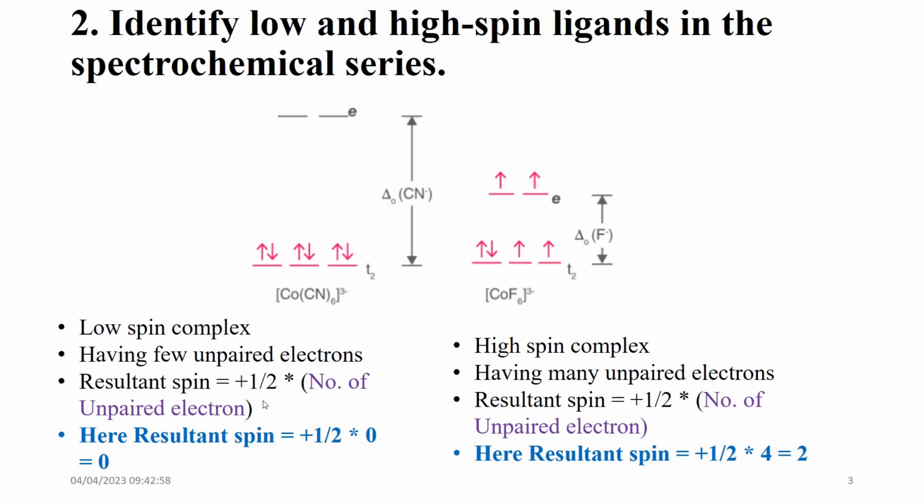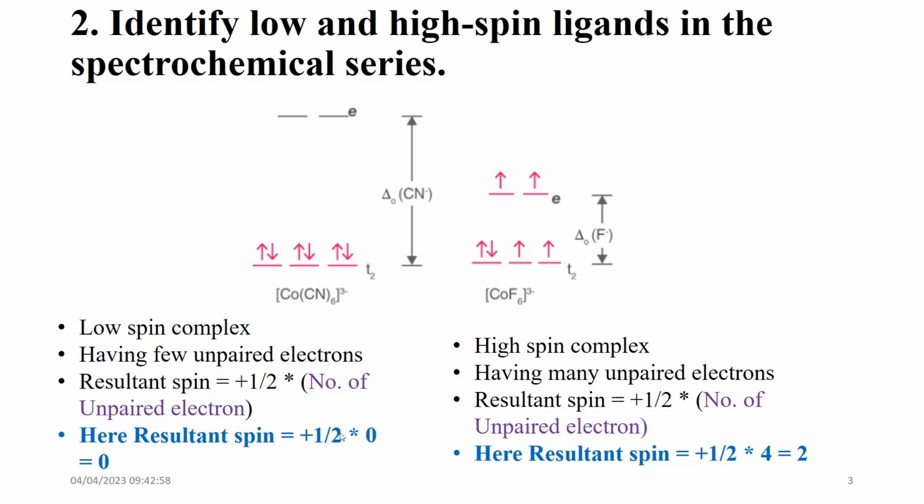While we are talking about the resultant spin, we take the electron spinning in the clockwise direction, which has the value of plus a half. The resultant spin is found by taking the number of unpaired electrons spinning in the clockwise direction and multiplying by a half, since the value of clockwise spin is plus a half.